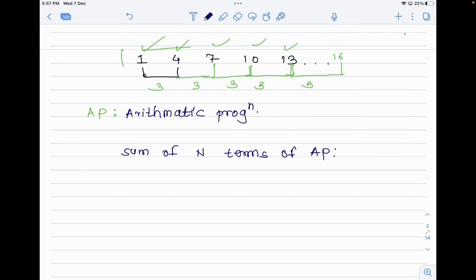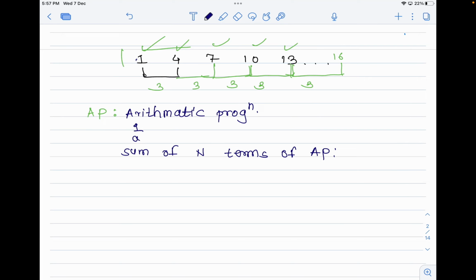Before that, in arithmetic progression, your A is the first term, which is 1. The next is 4.